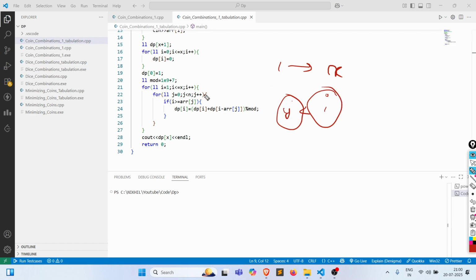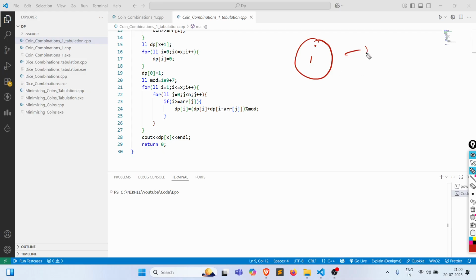Let's say I want to make i amount of money. To make i amount of money, at the end I must have taken something. I might take 2, I might take 3, might take 5, if these are the coins given to us.